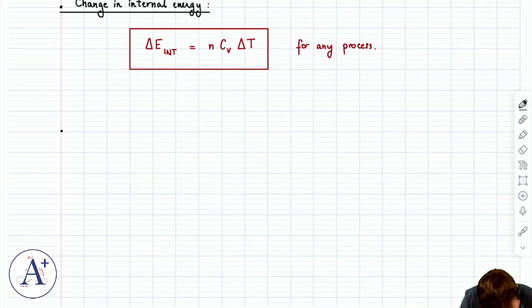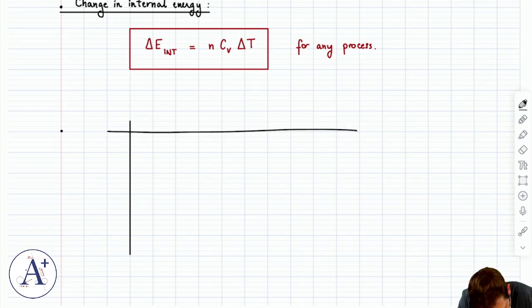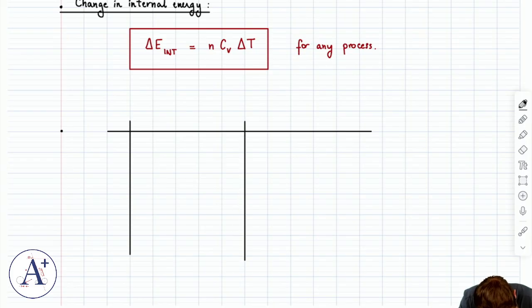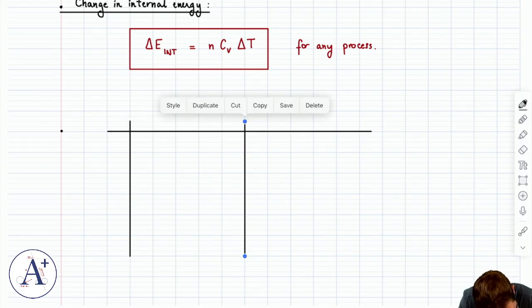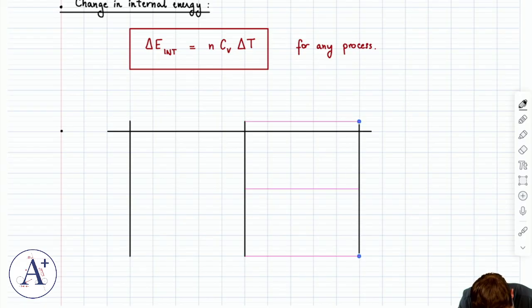It is going to be a table that has specific heats and gamma, and then 2 columns, monatomic gas and diatomic gas.